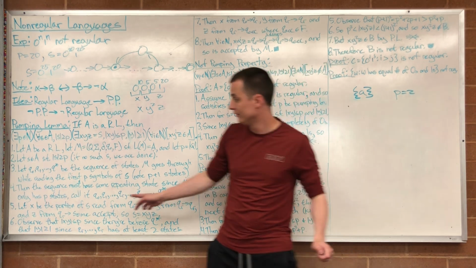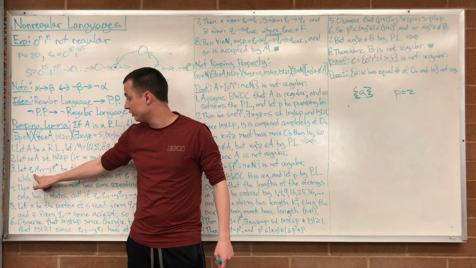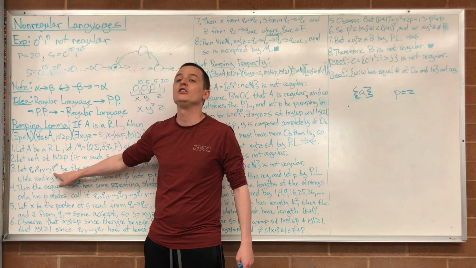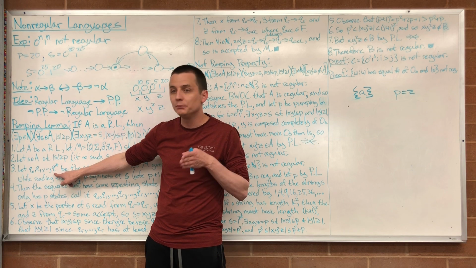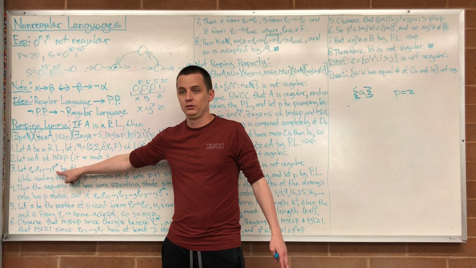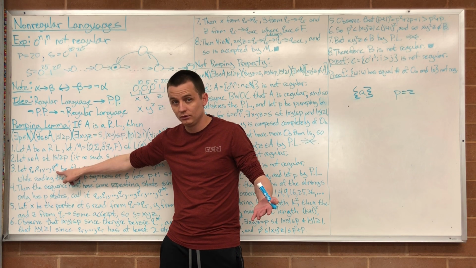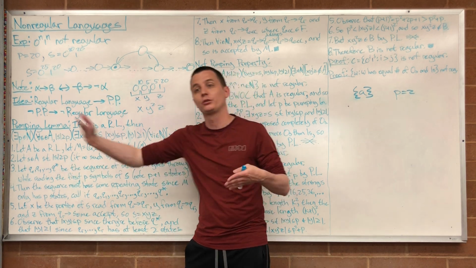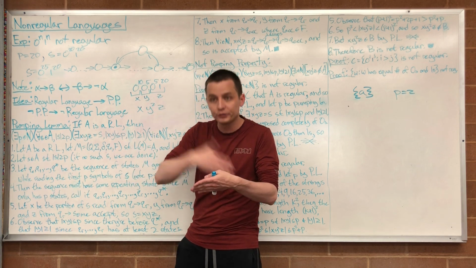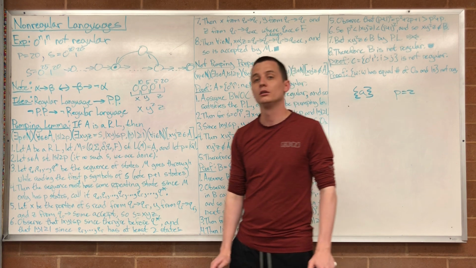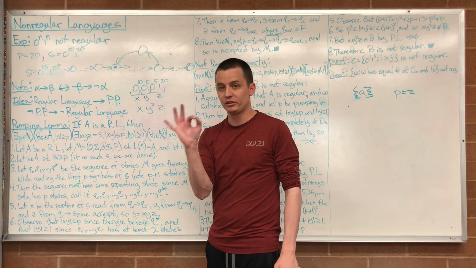Now notice, if Q0, Q1, Q2, all the way to Q star are the states that we go through reading 20 symbols, or reading P symbols, how many states did I go through? P plus 1. If I read one symbol, I've gone through 2 states. If I've read 2 symbols, I've gone through 3 states. If I've read P symbols, I've gone through P plus 1 states. Why are we making P symbols if P is already states? P is a number of states in our machine.